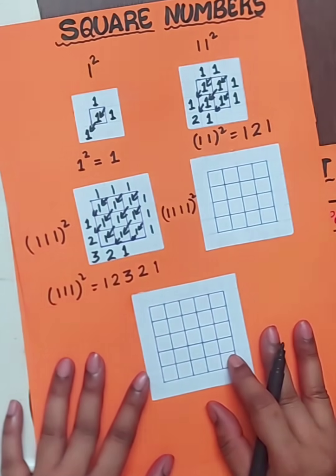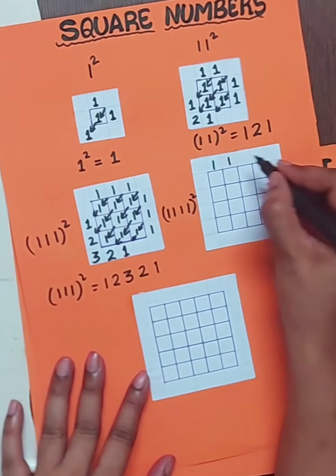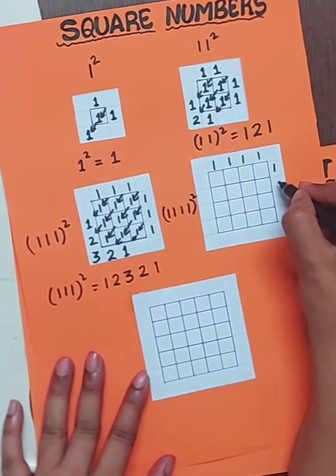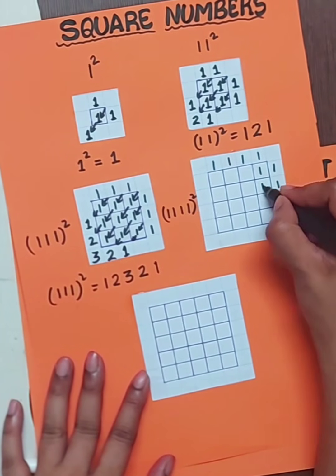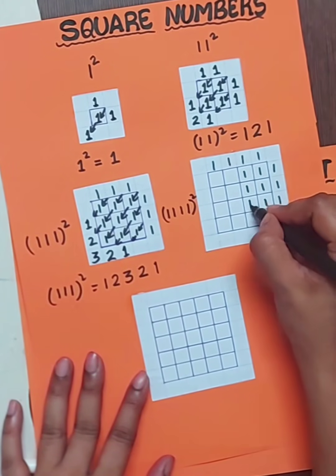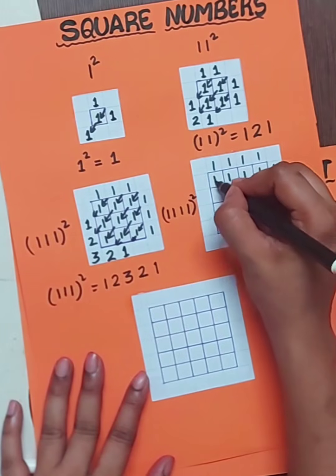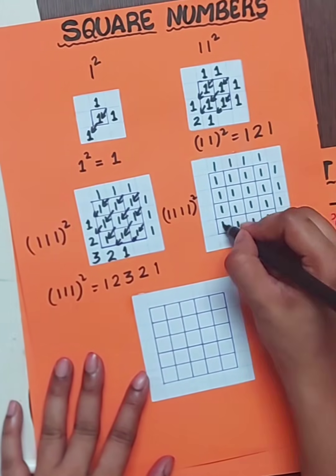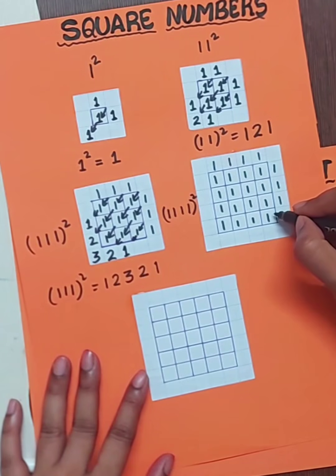Square of 1111. So we'll arrange the numbers like this and we'll get 1 in each box. And we'll add in the same manner.